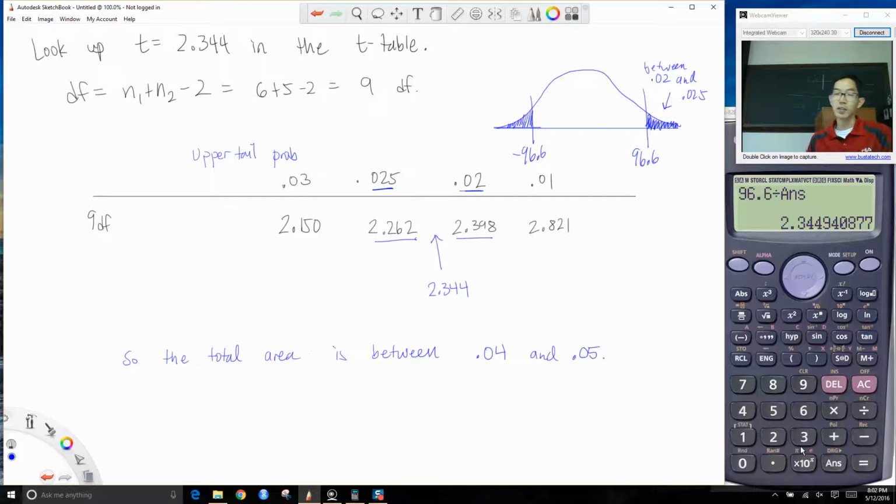Okay, and so we would write something like our p-value is between 0.04 and 0.05, or we could just write 0.04 is less than our p-value, which is less than 0.05. So we can say our p is in between 0.04 and 0.05 like that.